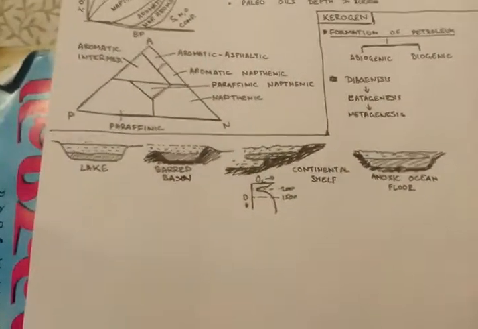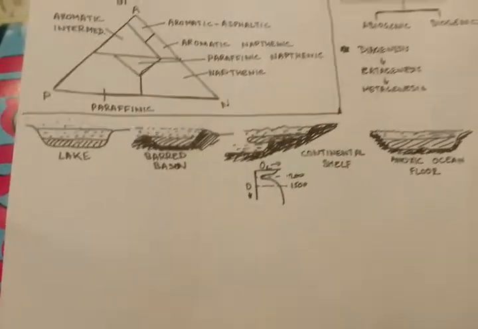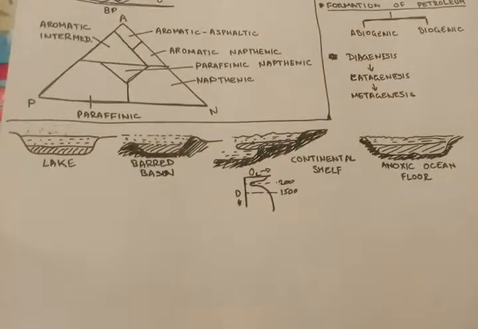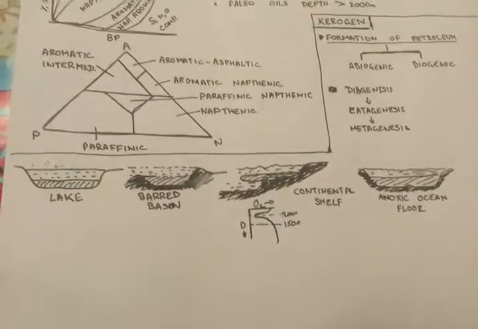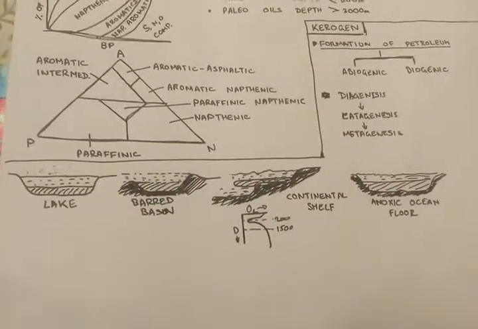So these are the four classic cases where there can be anoxic environments under which the organic matter that is getting deposited is preserved.